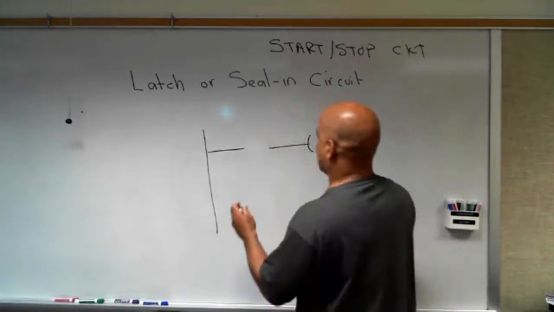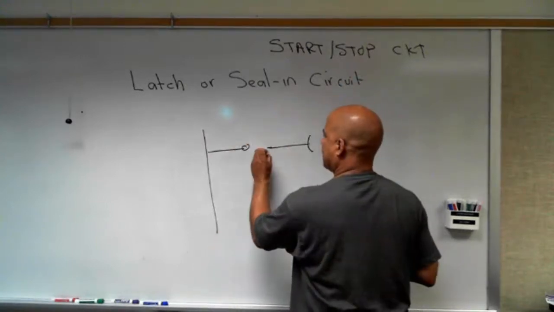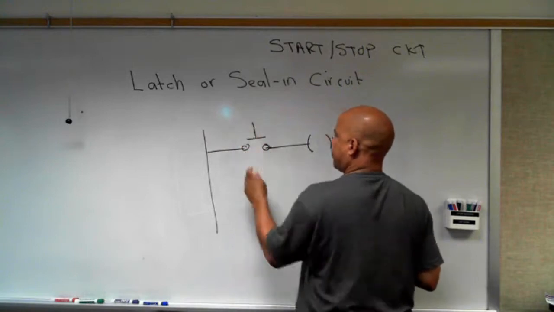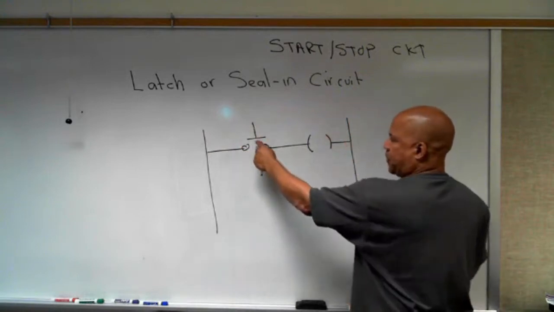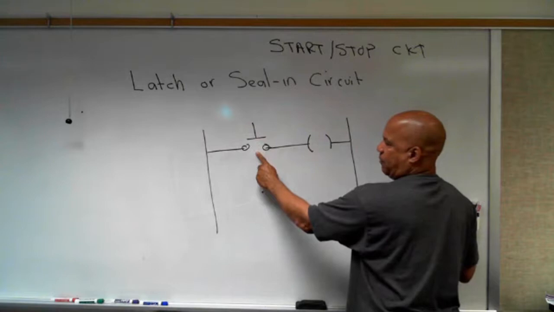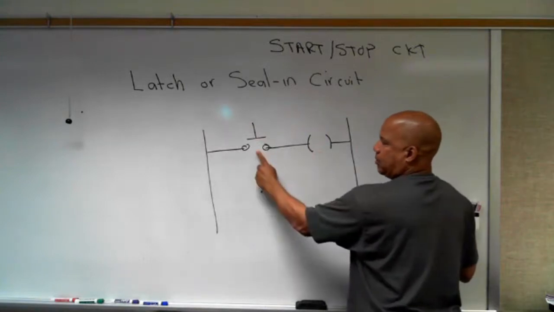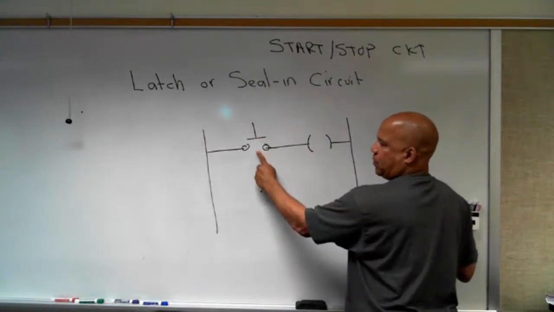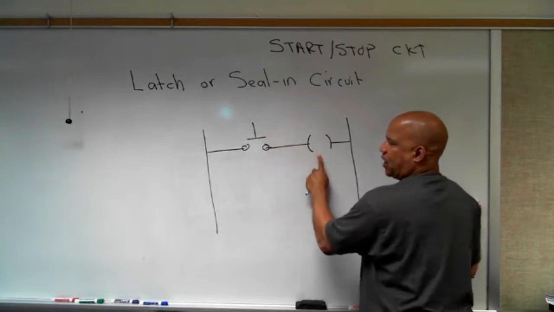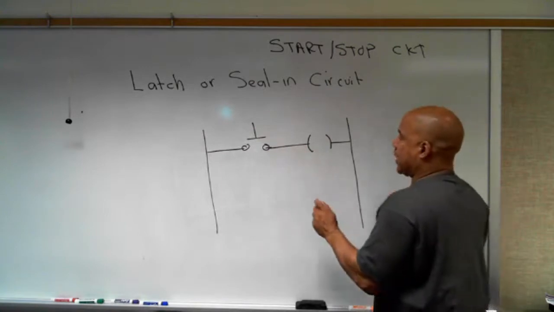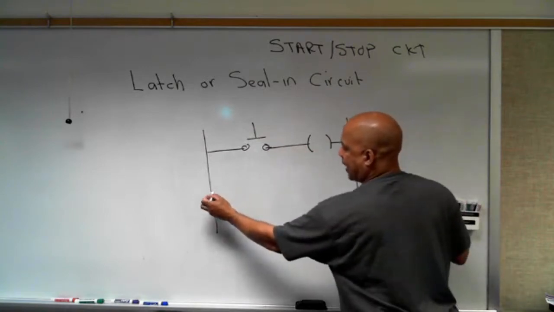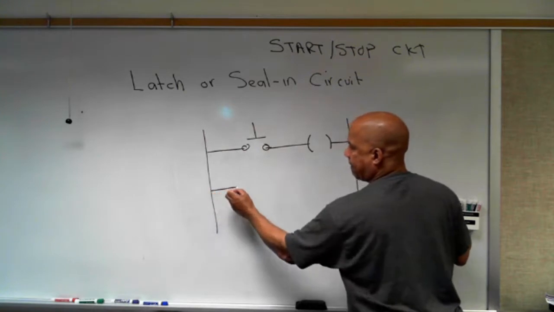I hope this isn't confusing. I'm trying to see the best way to talk about it. So if I push this button right here, as I said before, this is on, but since this is a normally open push button, when I release it, then this turns off. It's like a doorbell.